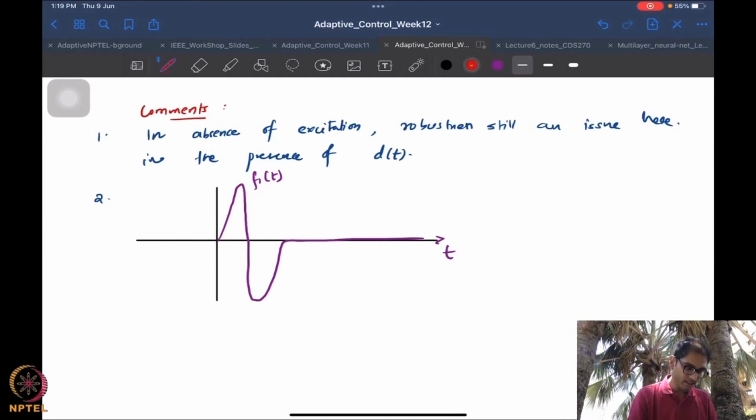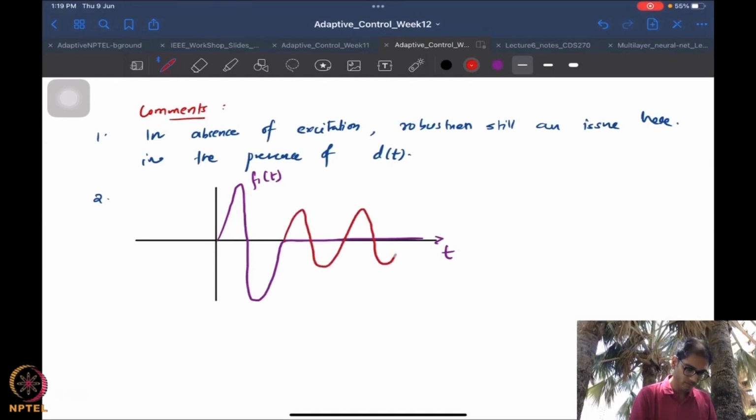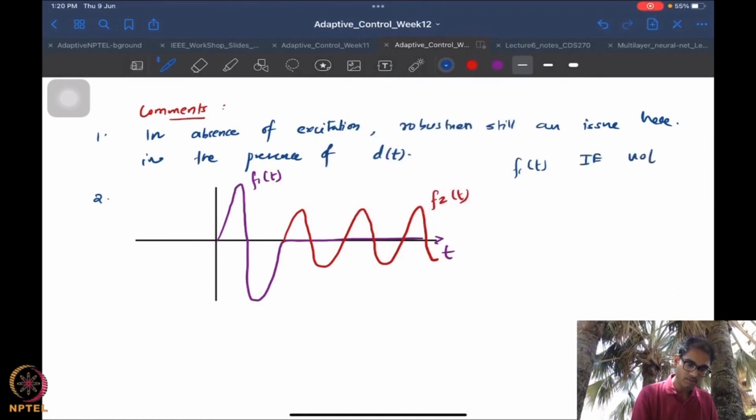Then I have a signal which is the same, but after this it still continues, and this signal is f2 of t. It should be obvious to you that f1 of t is initially exciting, not persistently exciting, and f2 of t is both IE and PE.